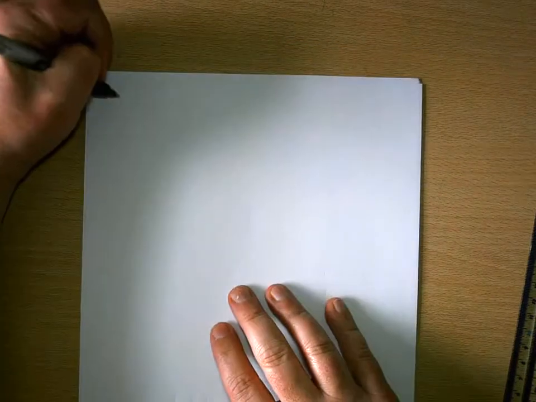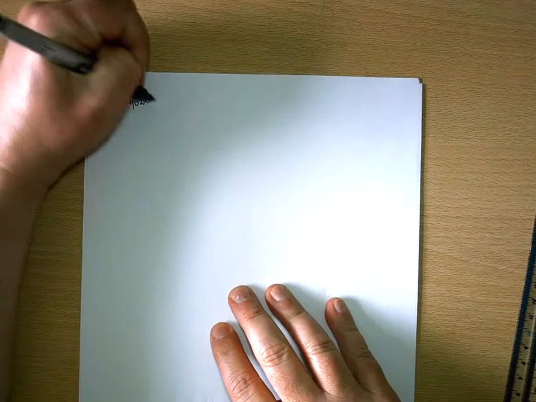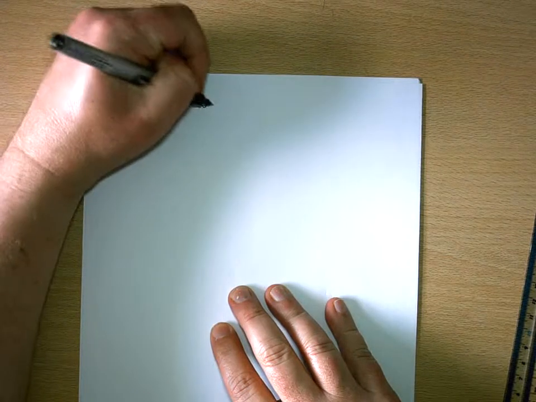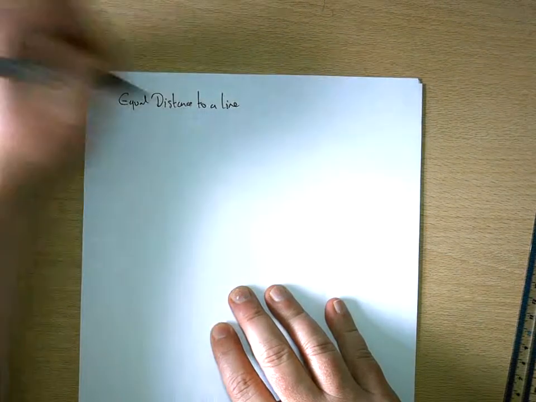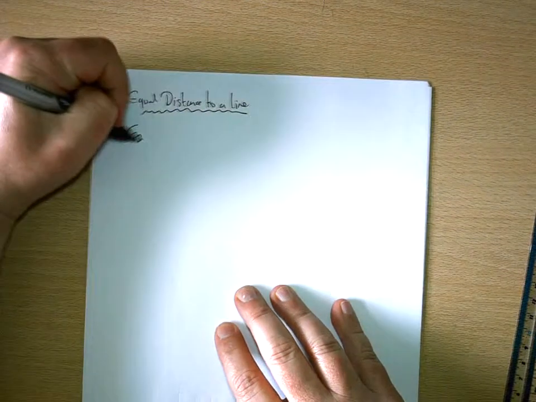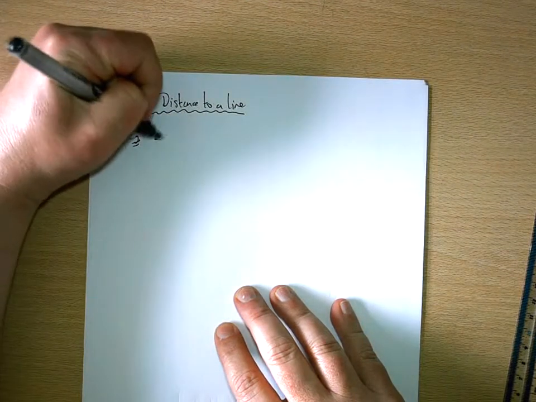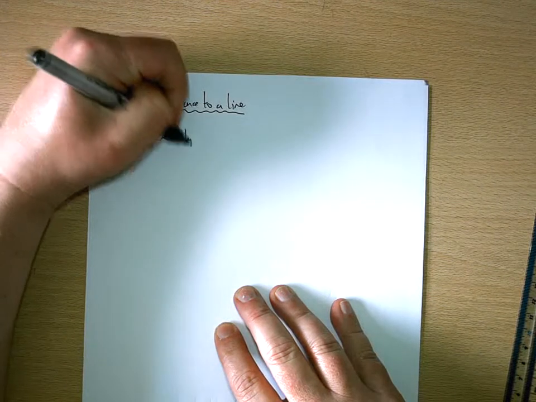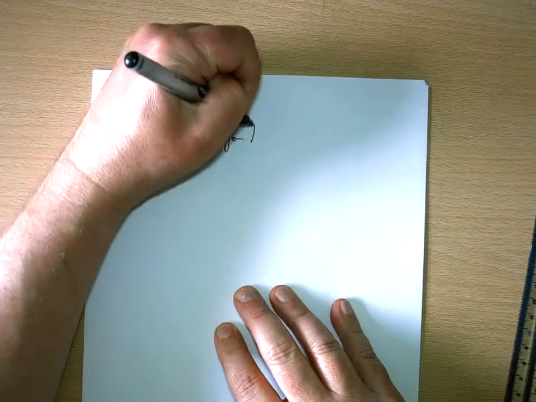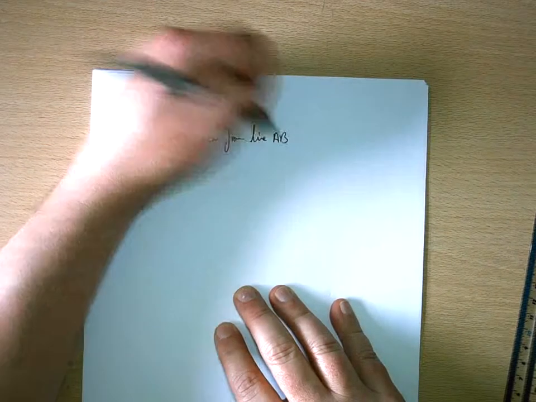Next is equal distance to a line. So, for example, exactly 4 centimeters from line AB.